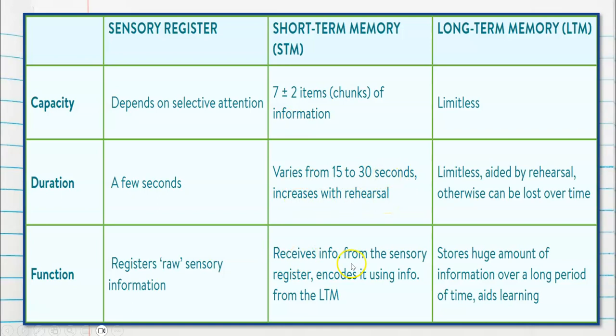It receives information from the sensory register and encodes it into long-term memory. Now, long-term memory is limitless in terms of its capacity. It's also limitless in terms of duration, as long as it's aided by rehearsal, otherwise it can be lost. It stores a huge amount of information over a long period of time and aids in our learning.